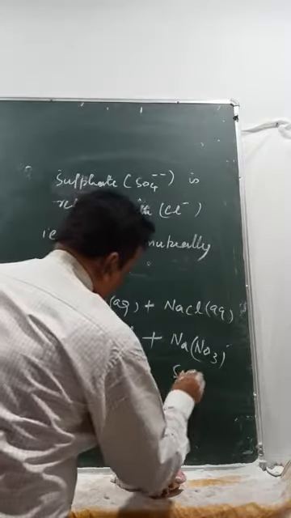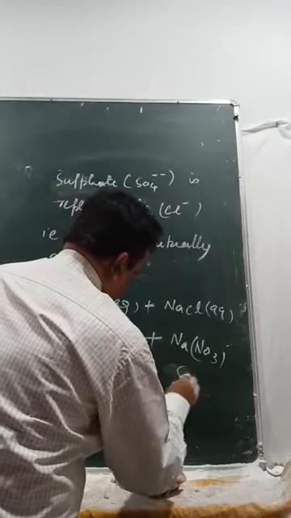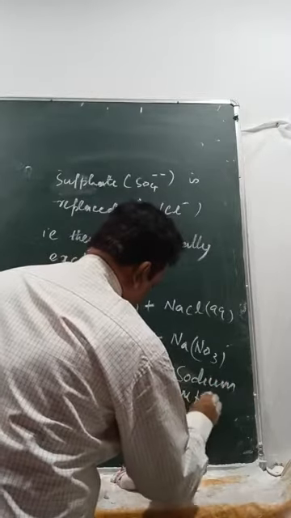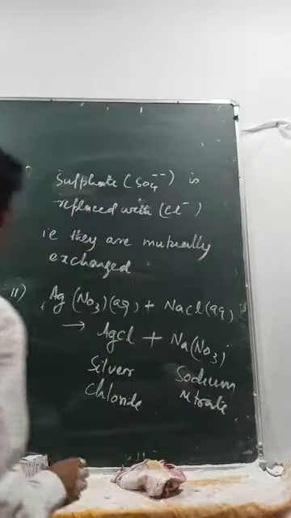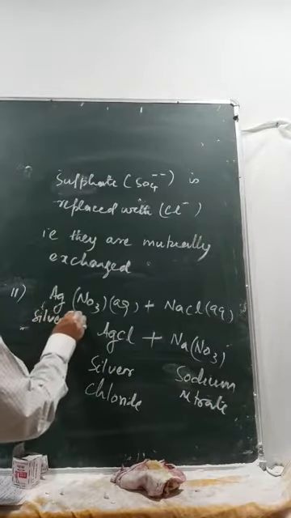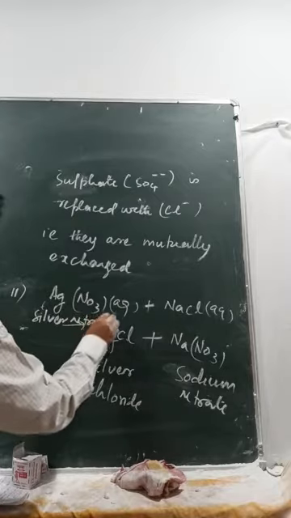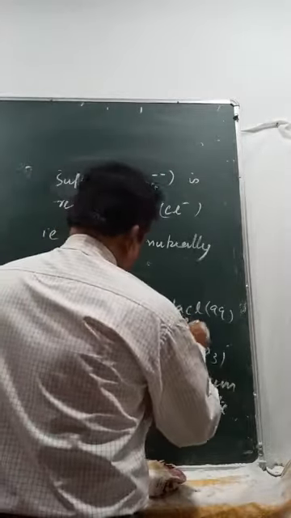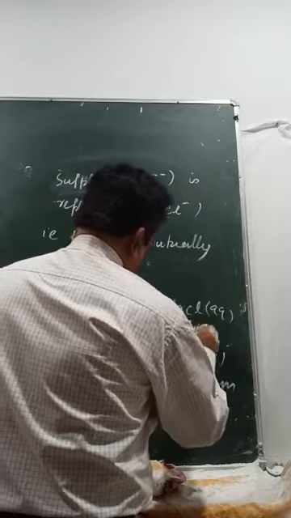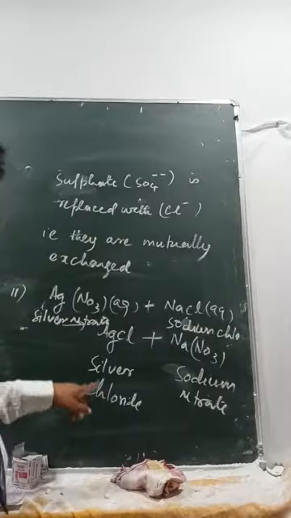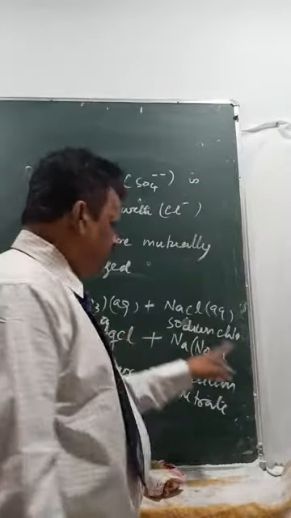This is sodium nitrate. Okay. So silver nitrate reacts with sodium chloride to give you silver chloride. So which ions are exchanged?